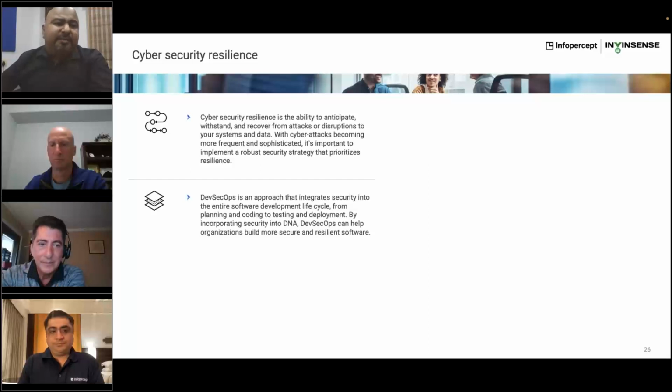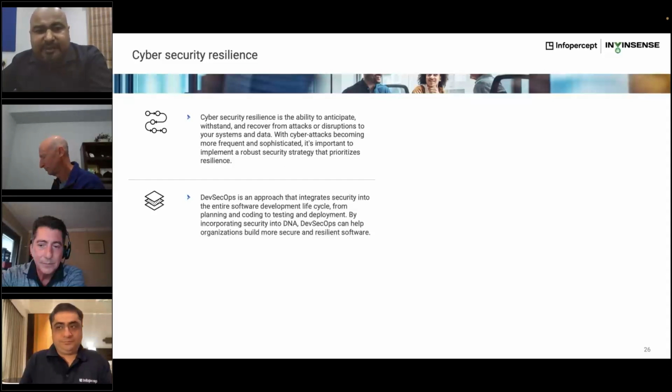Now, when we are talking about cybersecurity resiliency, we should take care of what my strategies would be and what the minimal impact is that we can bear on the system.